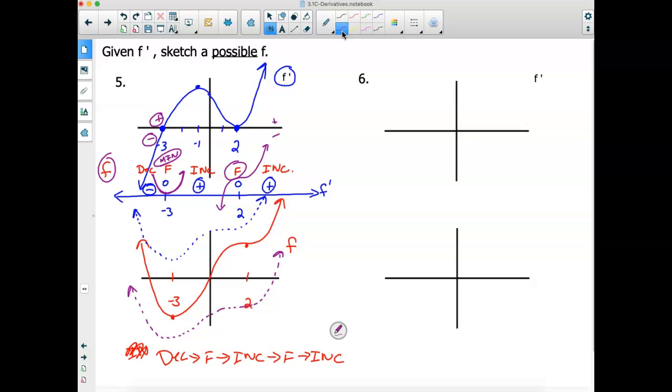Okay, one more here. This is a little tougher one though. Okay, here's one at -1, -2, -3, -4. I'm going to say we have f prime is 0 at -3. It's 0 at 1. And I'm going to say it's going to kind of start up here, and it's going to come here to 1. And then I'm going to say 2, and then I'm going to say 3.